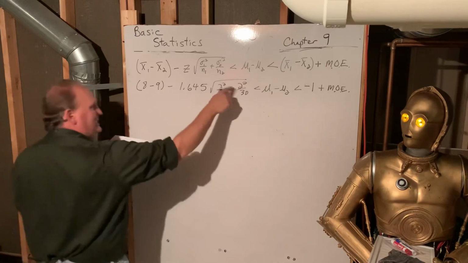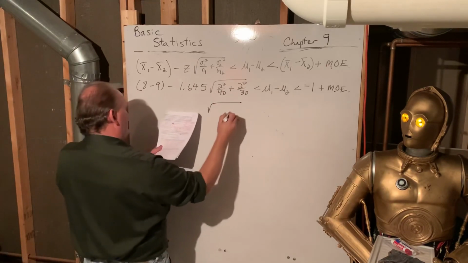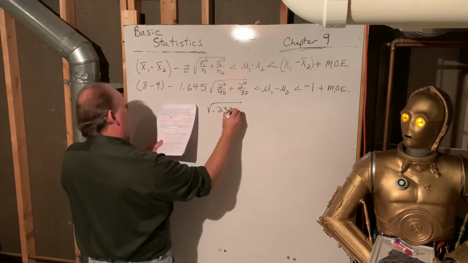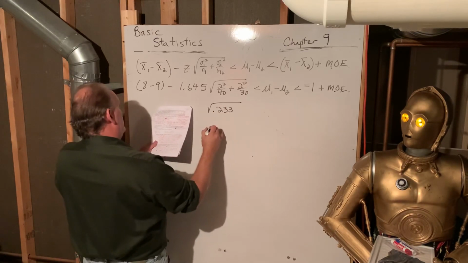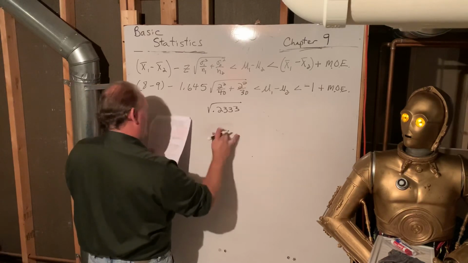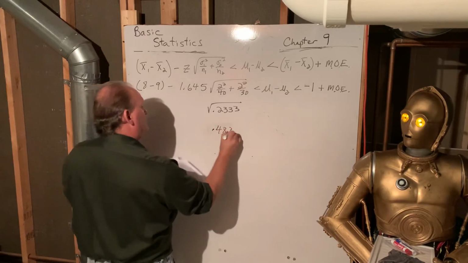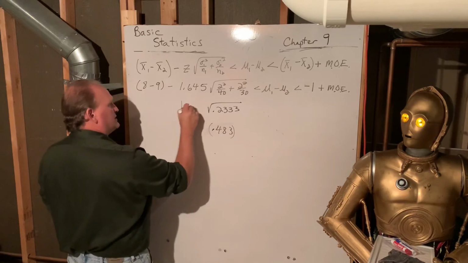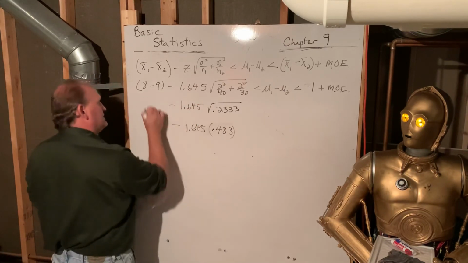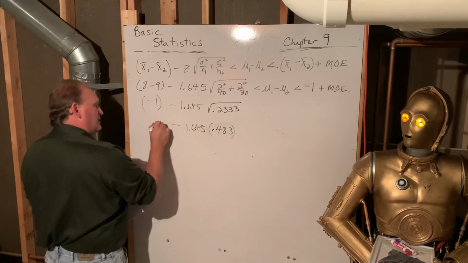Okay, so we did this already right above it. You can just take that same answer. I'll put in the 2.33, and then we take the square root of that, and that's 0.483. And so this is 1.645, this is 1.645, minus, that's negative 1.